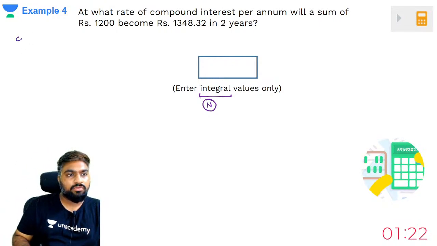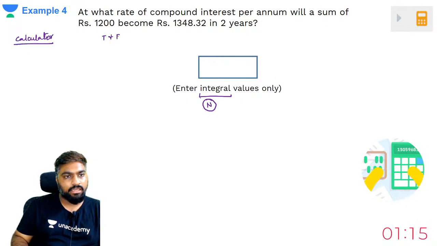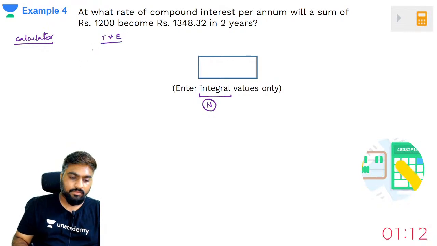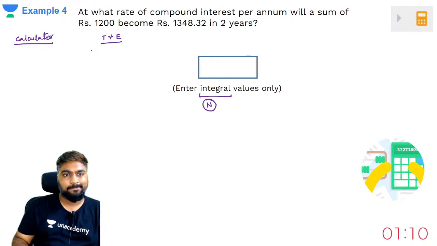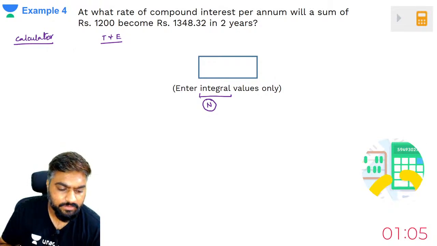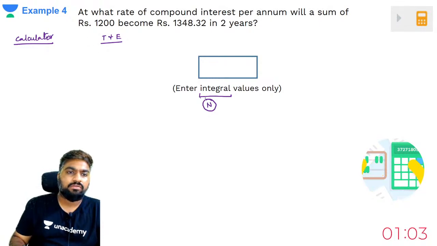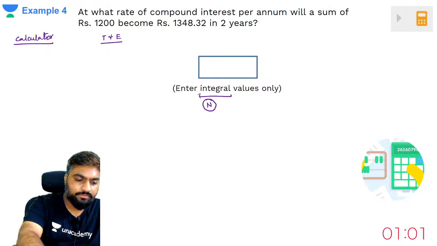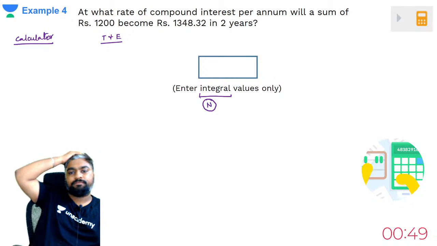You can either use a calculator, or if you don't want to use a calculator, then the other method will be trial and error only. Shall we try this? You try. Let's see who can give the answer for this. What will be the rate of interest here? Anyone?